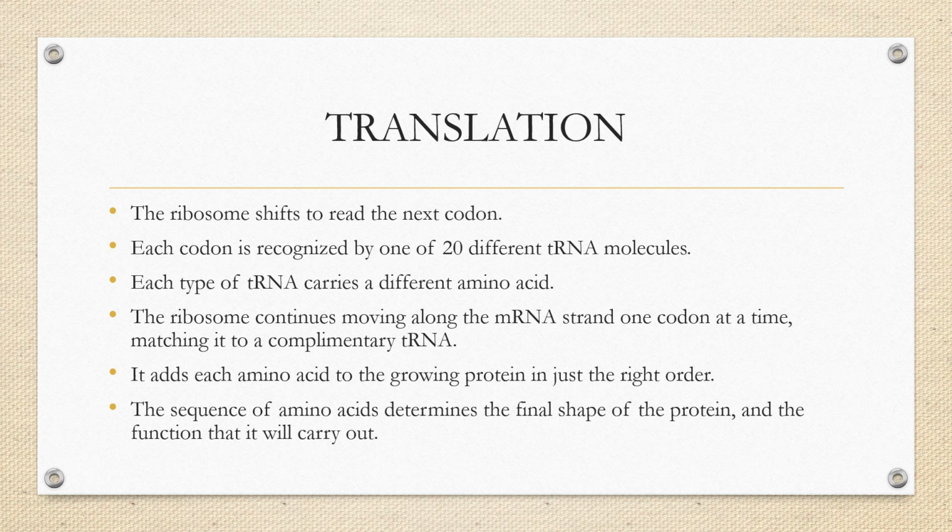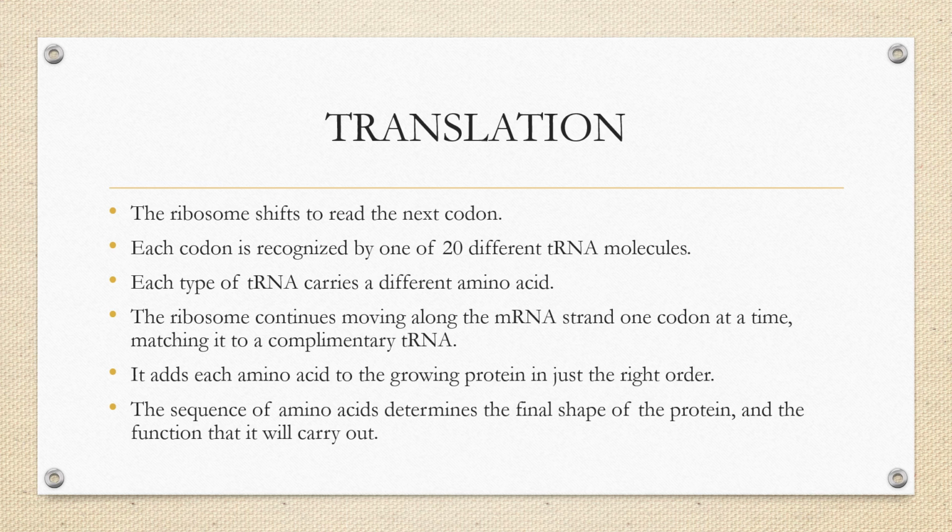Each codon is recognized by one of 20 different tRNA molecules. Each type of tRNA carries a different amino acid. The ribosome continues moving along the mRNA strand one codon at a time, matching it to a complementary tRNA. It adds each amino acid to the growing protein in just the right order.